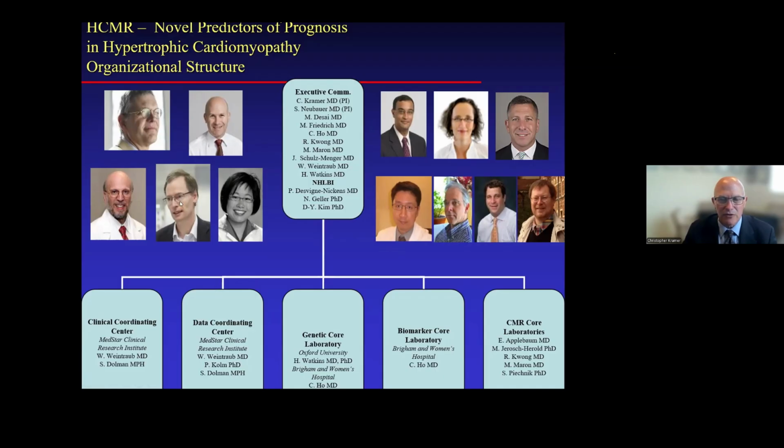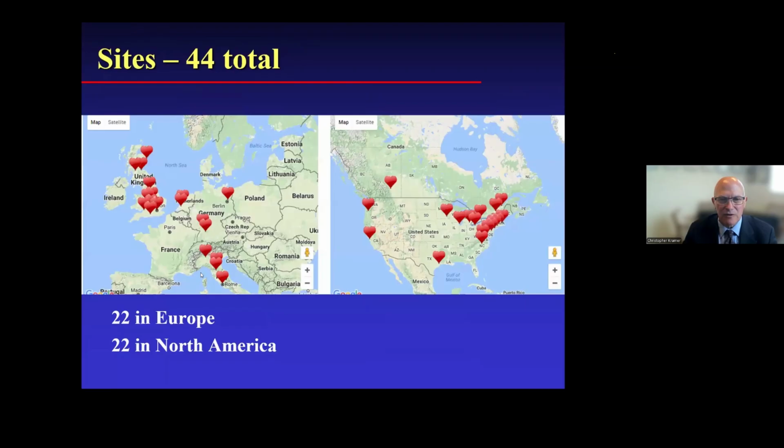These were our sites. We didn't have any in Switzerland. We had 11 in the UK, 2 in the Netherlands, 3 in Germany, and 4 in Italy. In the US, in North America, we had 22 sites with a predilection for the Northeast. We had planned a 2-year enrollment period.